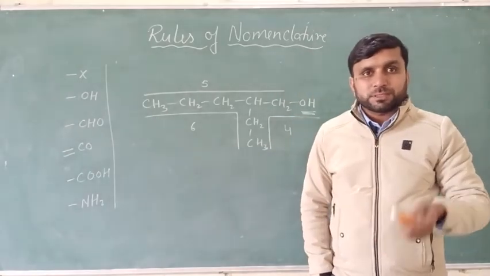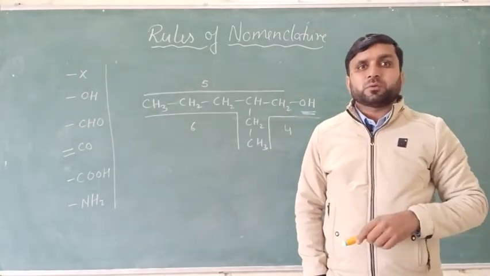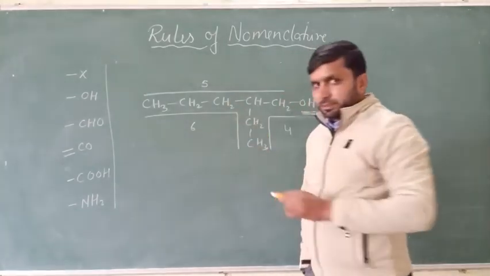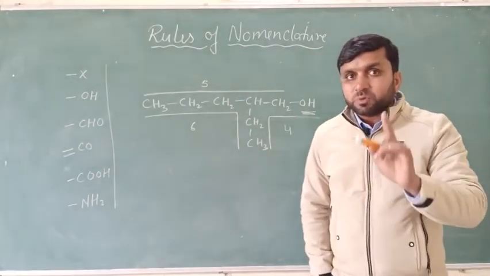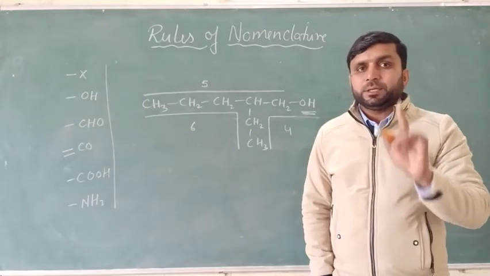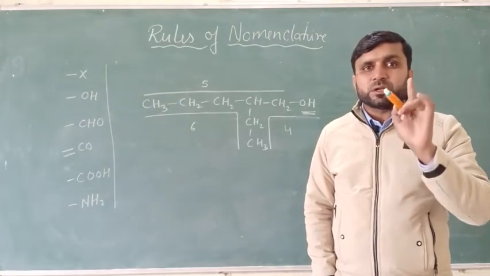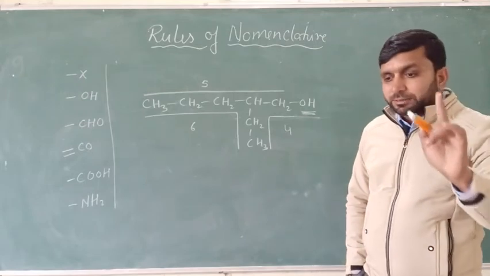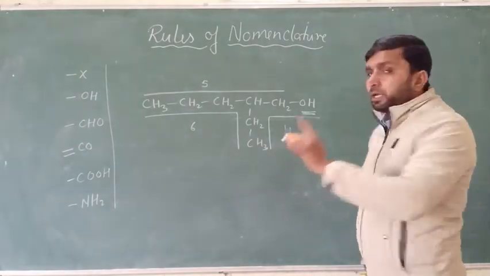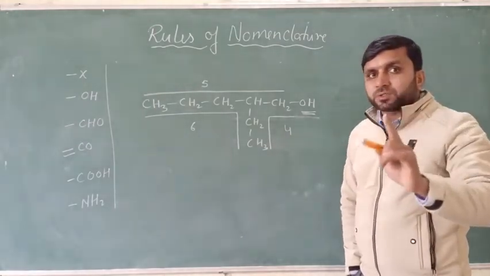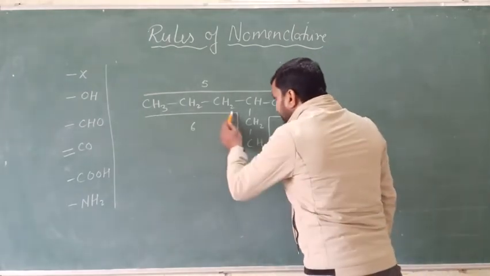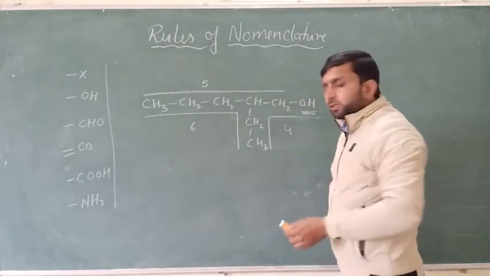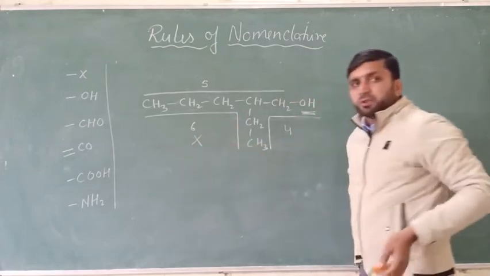But because this compound contains a functional group, this will not be correct. Now we have to select a longest chain which must contain the functional group. Because it is the longest one but does not contain the functional group, we will not select this path.